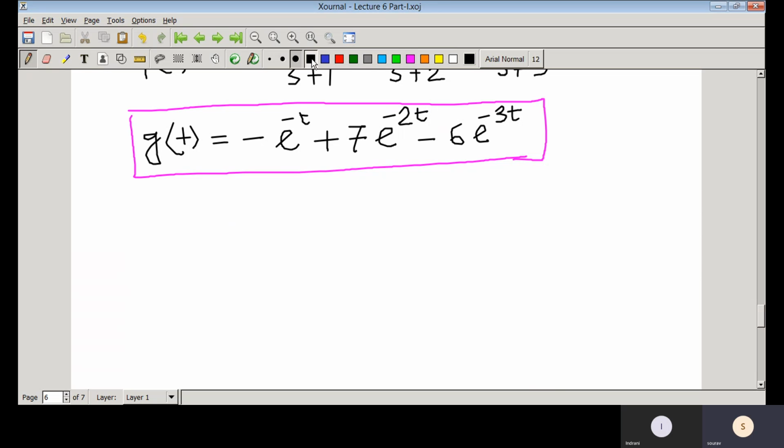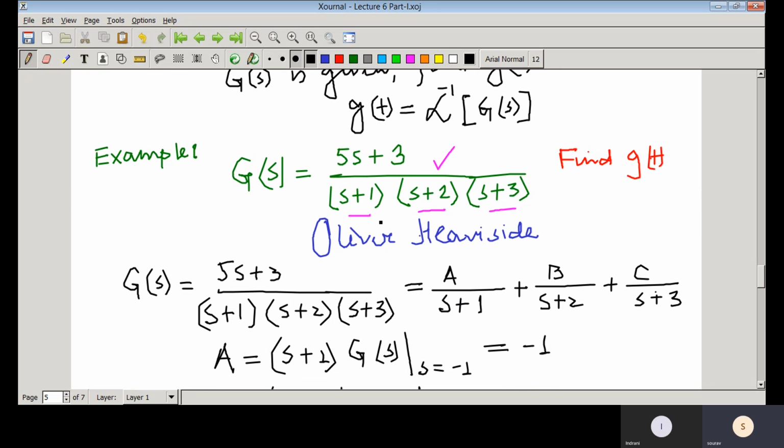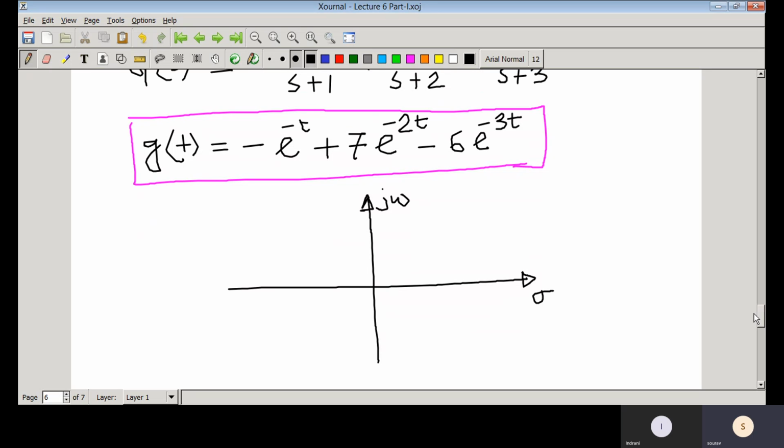If you draw that pole-zero map, with sigma and j omega axes, the poles are at minus 1, minus 2 and minus 3, and you have one finite zero at minus 3 by 5.